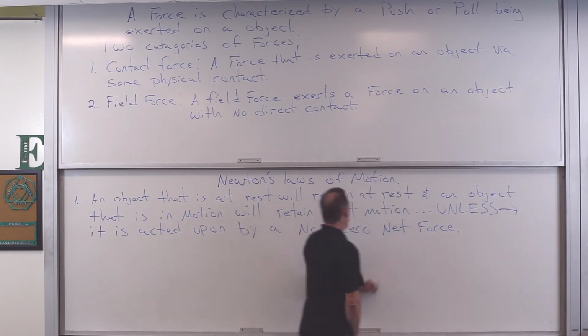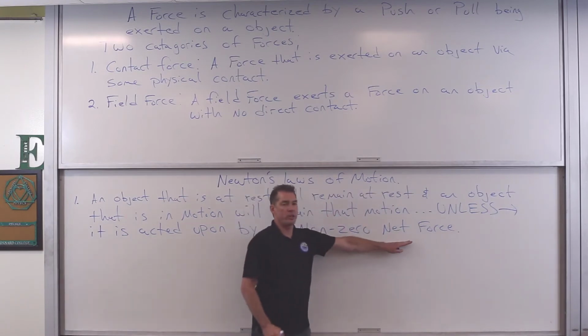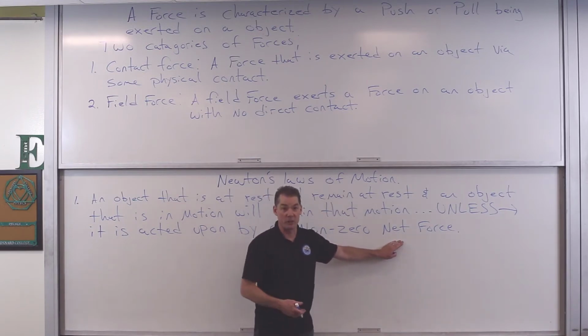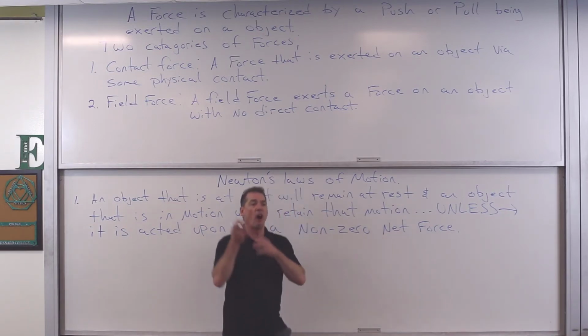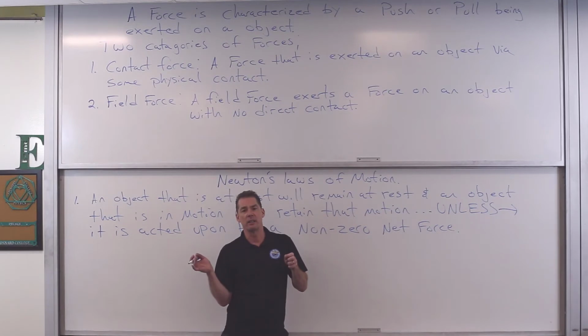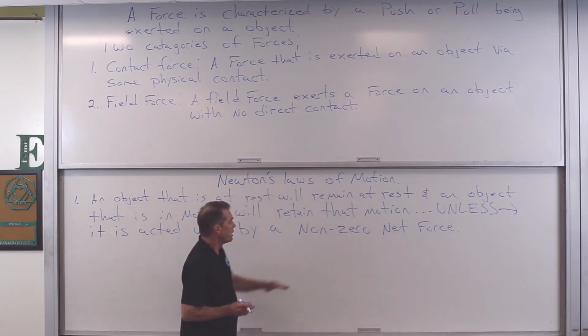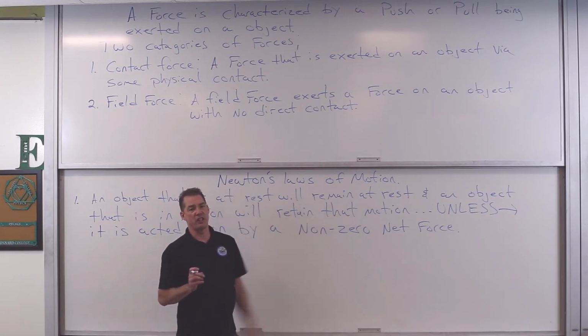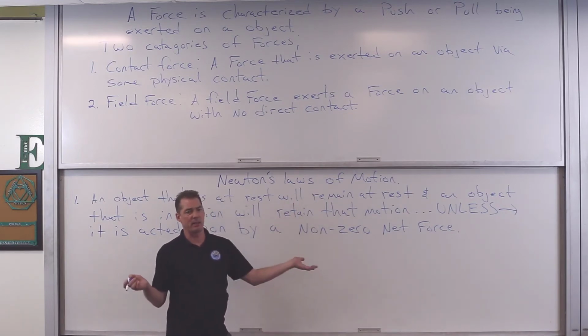So net force, net means sum of, mathematical sum. If we add all the forces acting on an object and the net result is 0, then the object does not change its state. If it's initially at rest, it remains at rest.